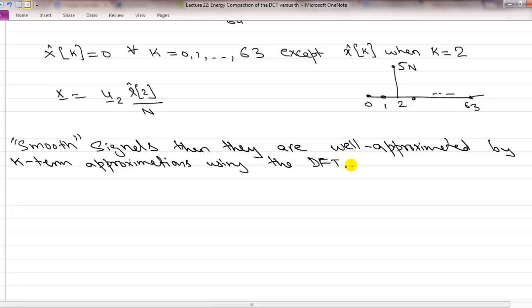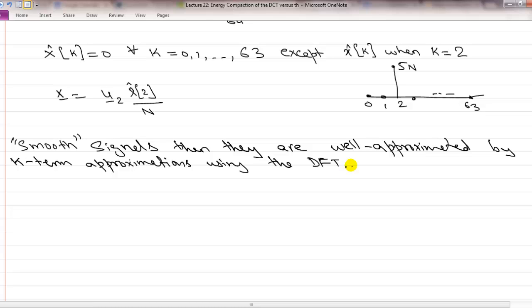And because of a property that we won't go into, the discrete cosine transform does a much better job of compressing your signal or of capturing most of the energy in a small number of transform coefficients.